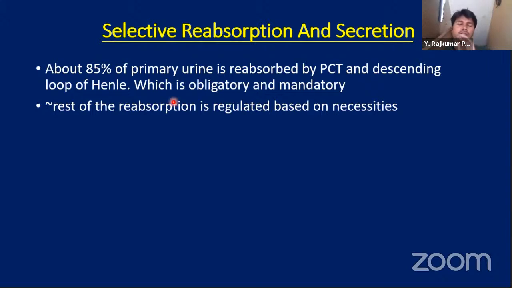Only the useful materials are reabsorbed: the water, carbohydrates, proteins, and whichever minerals. But creatinine, phosphate, urea, these are the nitrogenous wastes which have to be eliminated. So these excretory products are not reabsorbed. Only the useful ions, useful minerals, and the water are reabsorbed.